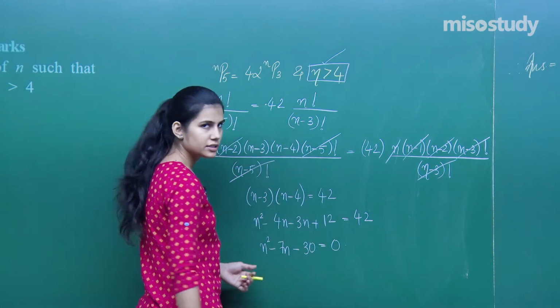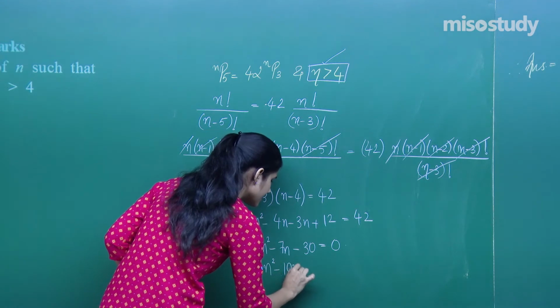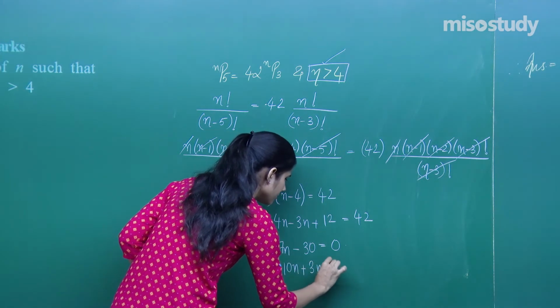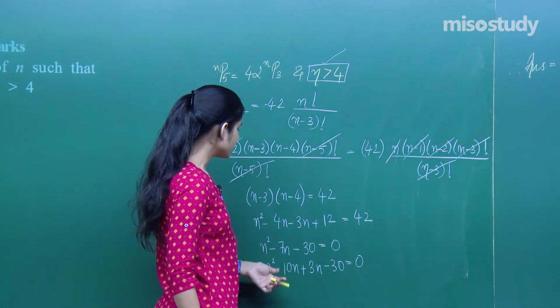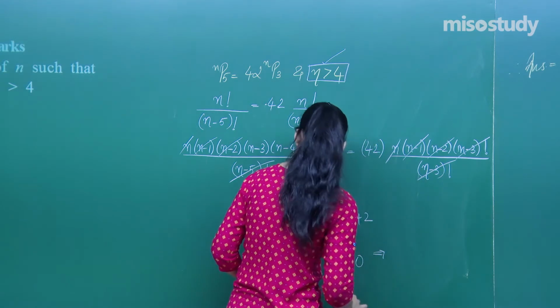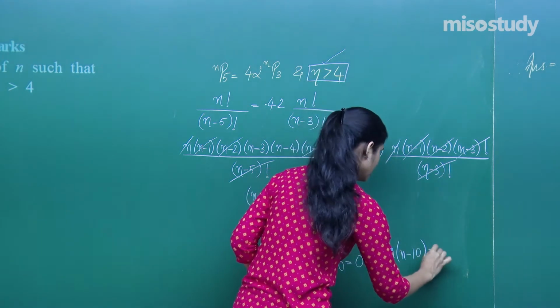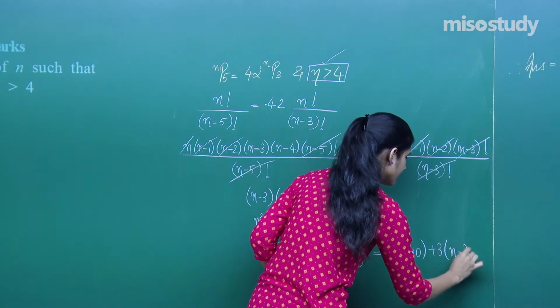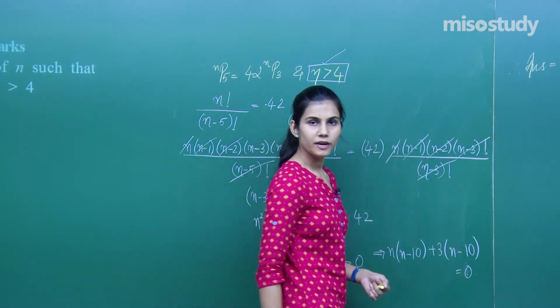So here you have what? 10 into 3 is 30. So here I can write n square minus 10n plus 3n minus 30 equals 0. Minus 10 plus 3 is minus 7. Minus 10 into 3 is minus 30. So this implies n minus 10 into n plus 3. Fine.